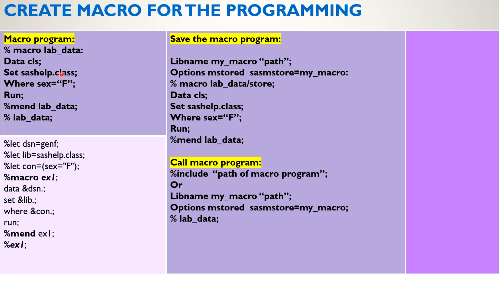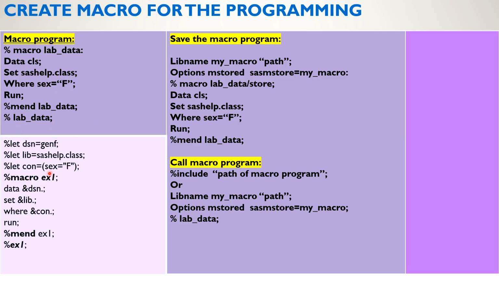In between we write the programming. After that, to run the complete program, we write percent lab underscore data, and then it will execute. Every time there is no need to write the entire code. We can just write percent lab underscore data, and it will run.